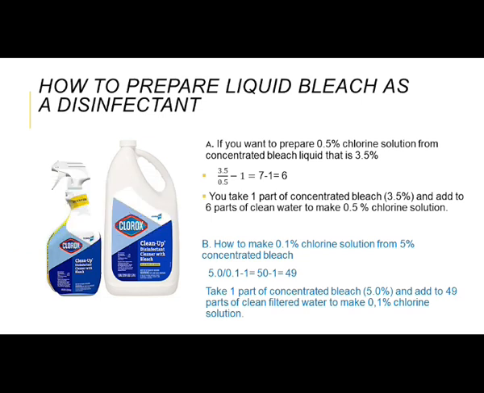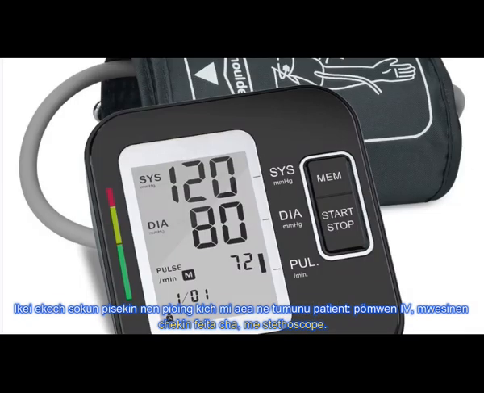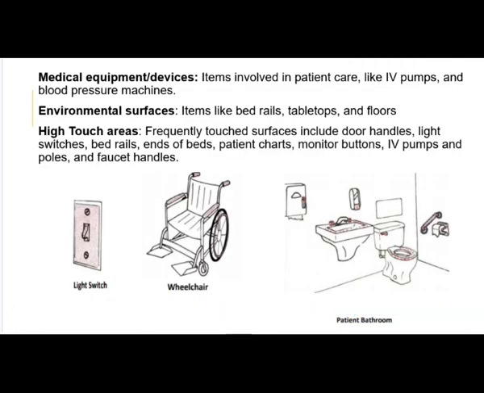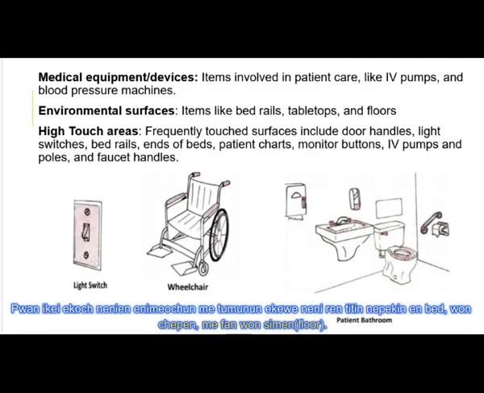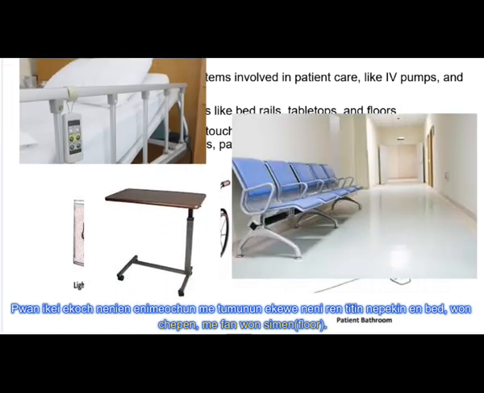So some of the examples of medical equipment that we use for patients are usually like IV pumps and blood pressure machines, even the stethoscope, because we've been using it between patients. Environmental surfaces that are around at your health facility could be the bed rails, tabletops, and floors.